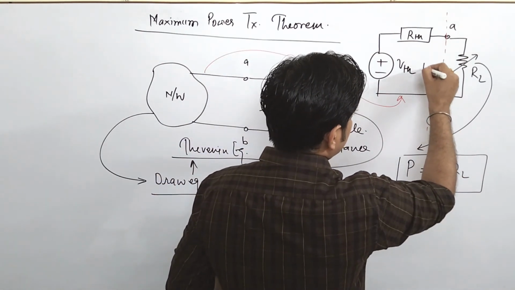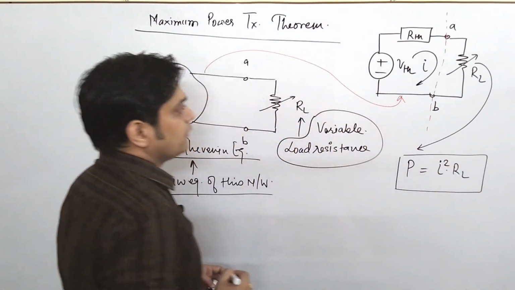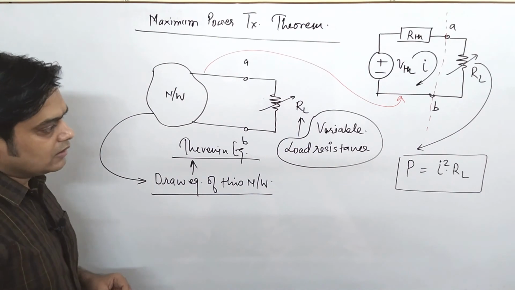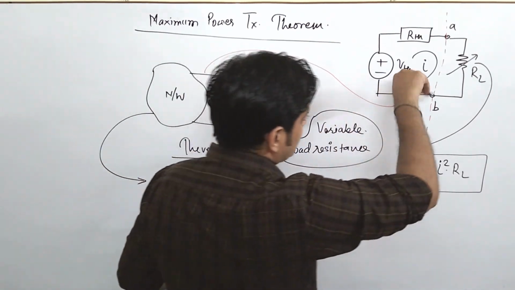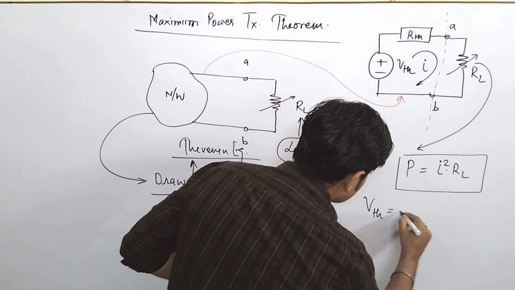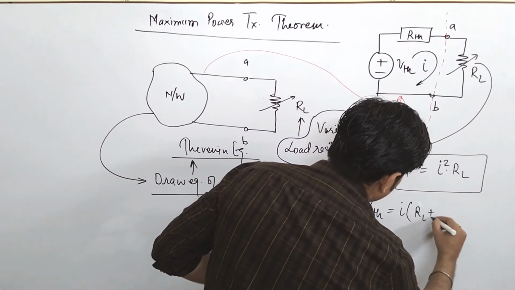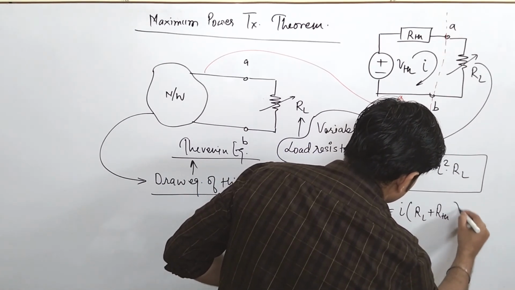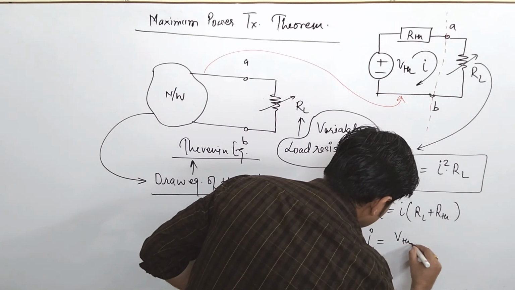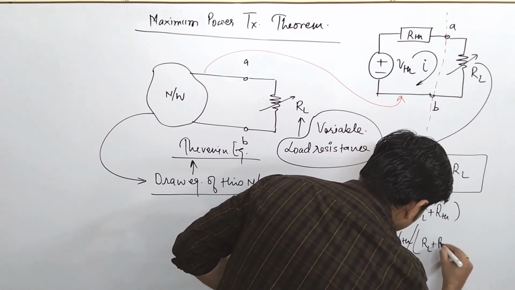So basically you have to find the value of current I here. You just apply one KVL. So you can say VTH is equal to I into RL plus RTH, or the value of I is VTH upon RL plus RTH.